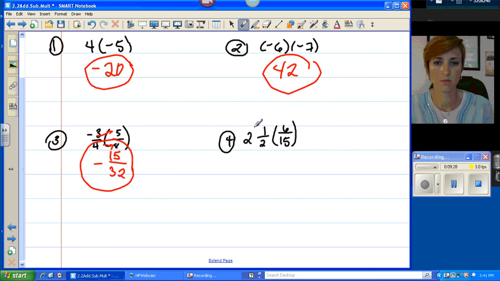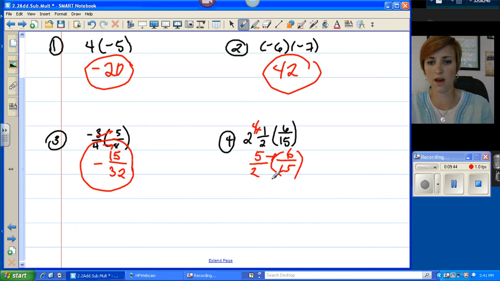So 2 times 2 is 4. We have to say 4 plus our numerator of 1 gives us 5. Our denominator of 2 stays the same, times 6 over 15. Because now we're multiplying the fractions, we just multiply straight across. 5 times 6 is 30.